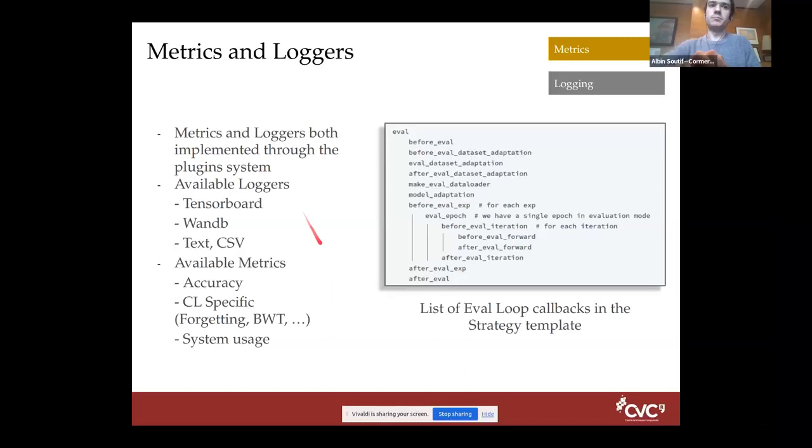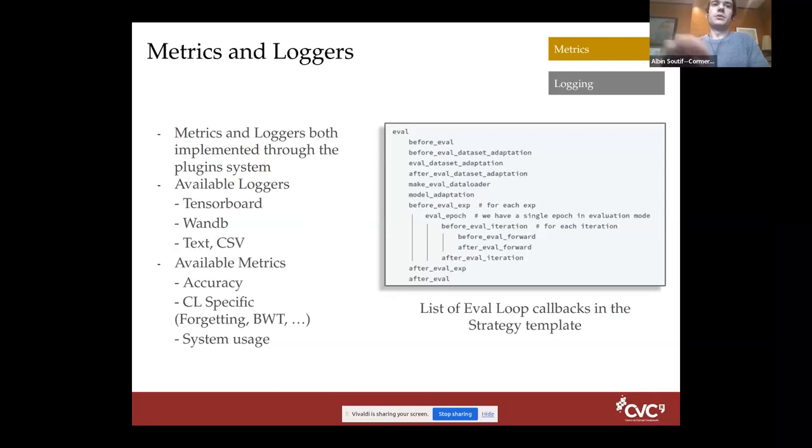So there are already a lot of available metrics in Avalanche, like accuracy in terms of experience accuracy, stream accuracy, class-specific accuracy. So a lot of different kinds of accuracies, also incremental accuracy. But also there are some continual learning specific metrics like forgetting, backward transfer, and system usage metric.